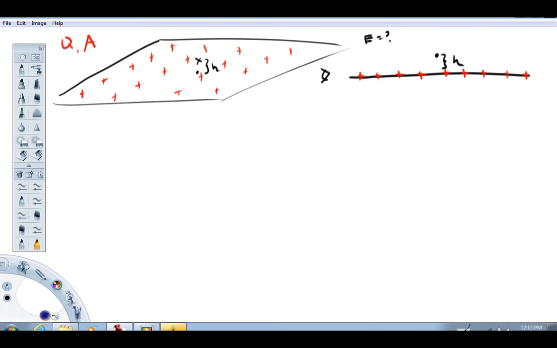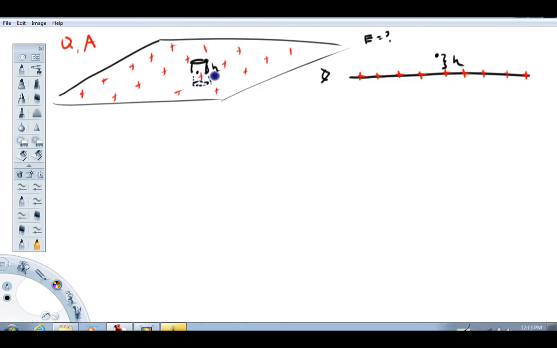So we're going to apply results only in the center, and we're going to use Gauss's law and a Gaussian surface. The first thing we have to decide on is what type of Gaussian surface to draw. I'm going to draw a surface that looks kind of like a cylinder, and you have to imagine this extends down below as well.